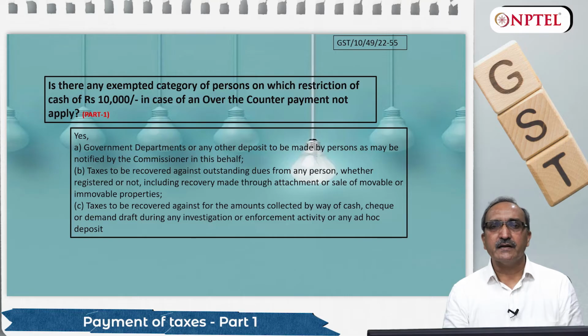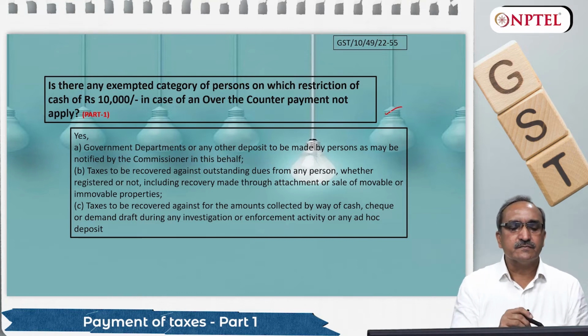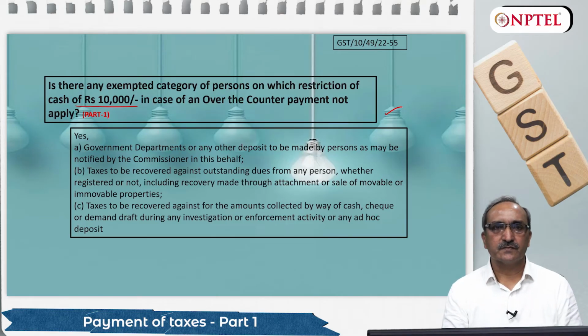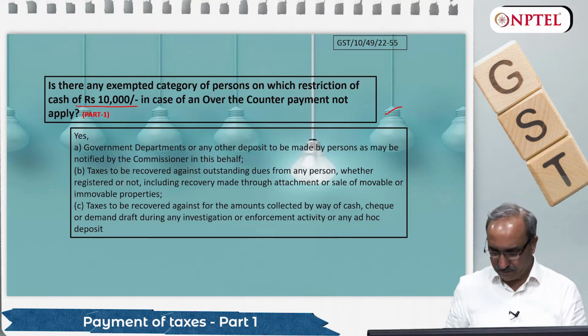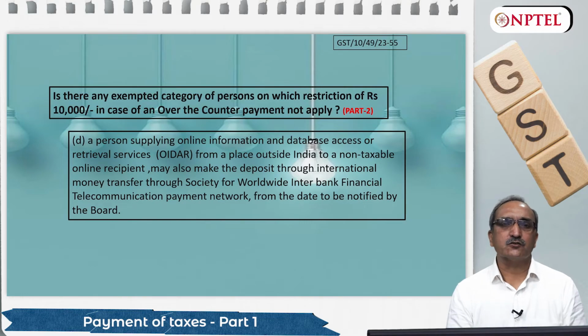They can pay directly at the bank counter by generating a challan on the GST portal, attaching to it their cheque, giving particulars of the cheque in their challan, but in that case the condition is it should be only up to 10,000 rupees. Beyond that, it is not permitted. Apart from these cases, there are some other cases also where payment up to 10,000 rupees can be made at the bank counter through challan and cheque, and the cases are listed as it is.